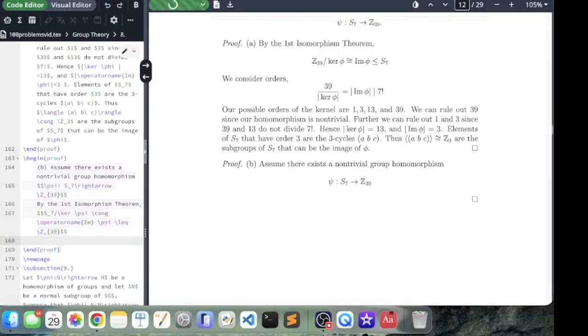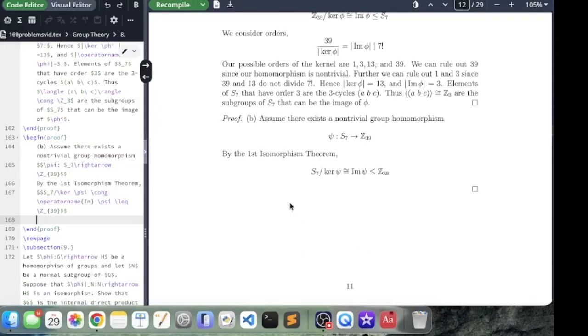Okay, it finally compiled. I had to turn off autocompile there. So we have this relationship, and we're going to do the same thing that we did with part A, where we consider orders, but even before that, we can say something.